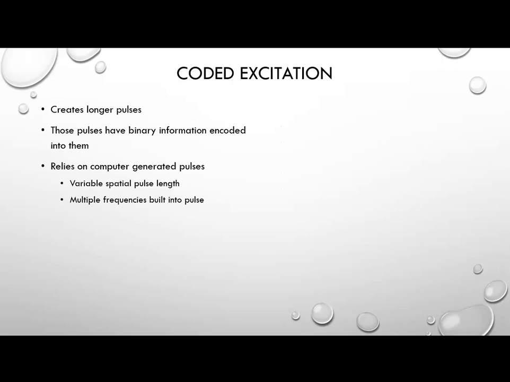Okay, let's talk about a process known as coded excitation. I think I mentioned this earlier in another lecture, but let's talk about it. Coded excitation requires longer pulses than normal excitation, but these pulses have binary information encoded into them.